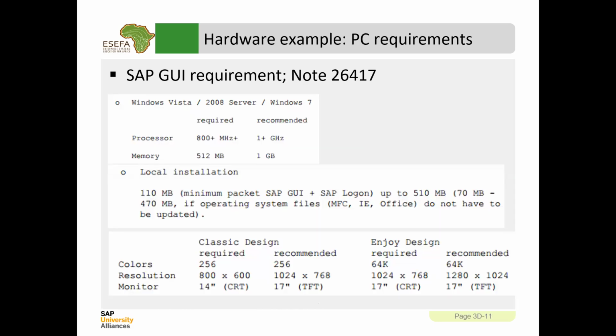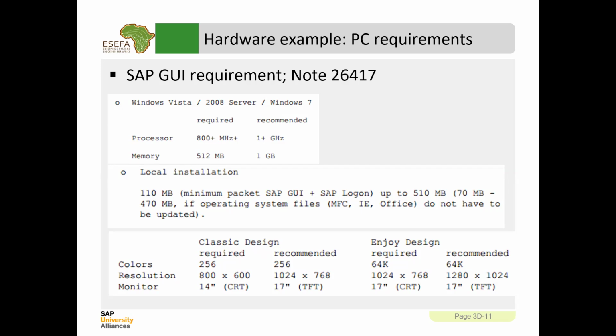Now, for an SAP GUI requirement, I think this is very mundane to us because I think we have passed here. So the memory size required is 512 megabytes and 1 gig RAM, processor speed. So I think a typical system will have all this. A typical system will have Windows Vista, 2008 server, Windows 7. So at least, we now run on Windows 11.